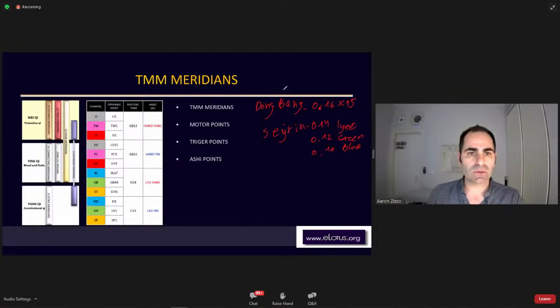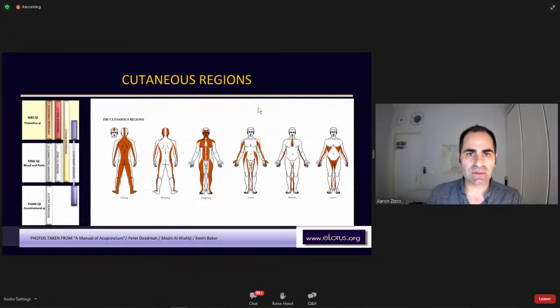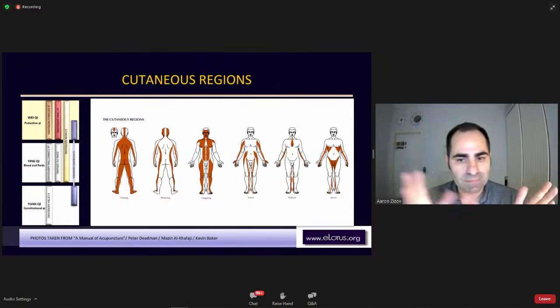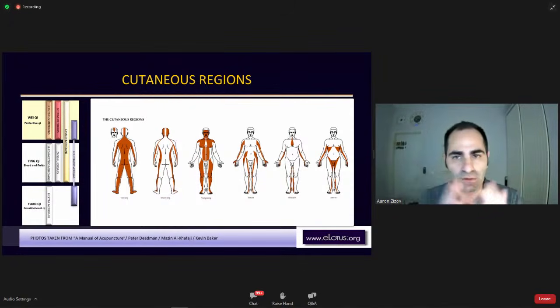Okay, so this is about the TMM, and the last one for the levels, for the upper level, for the Wei Qi, is the cutaneous regions. Cutaneous regions, not exactly meridians, are basically on the same idea of TMM.